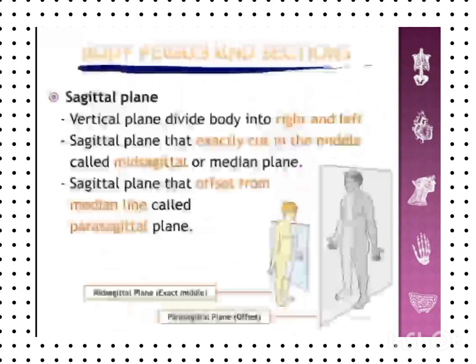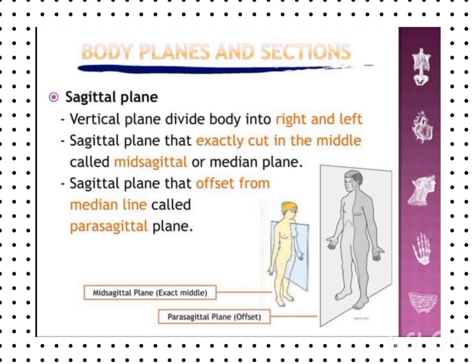The next one is the terms for motion, where we have flexion, extension, medial rotation and lateral rotation, and supination and pronation. Flexion is where the limb, either an arm or a leg, is pulled toward the body, and extension is where you move the limb away from the body.